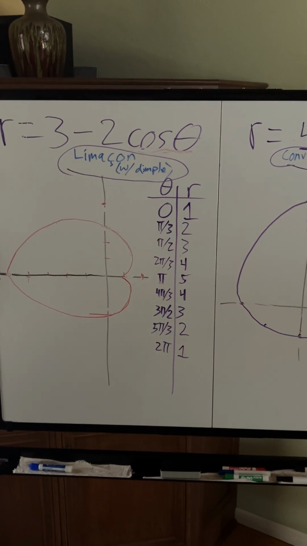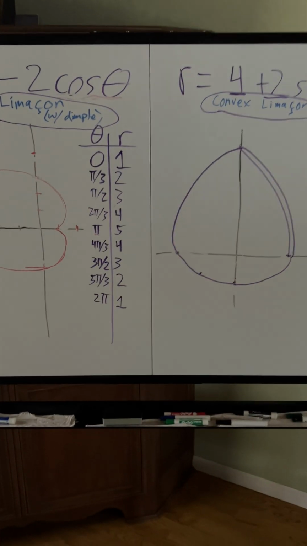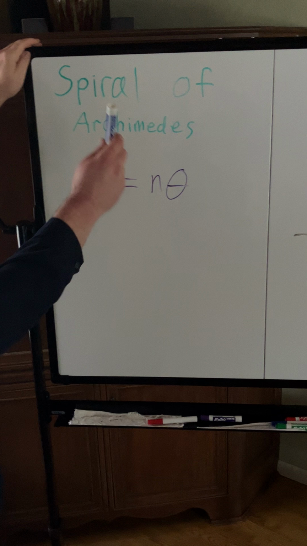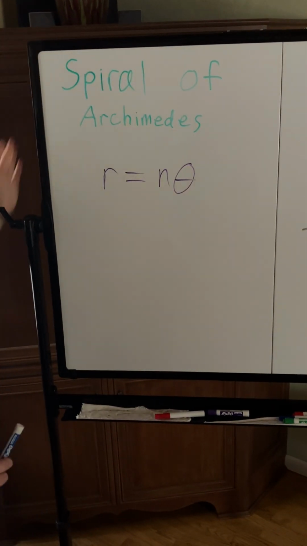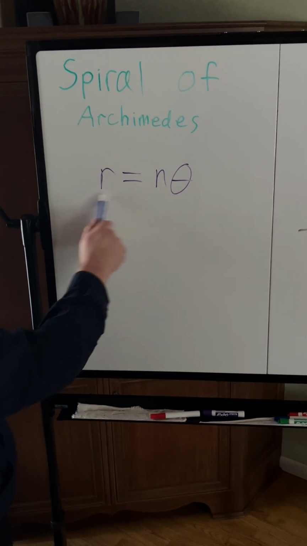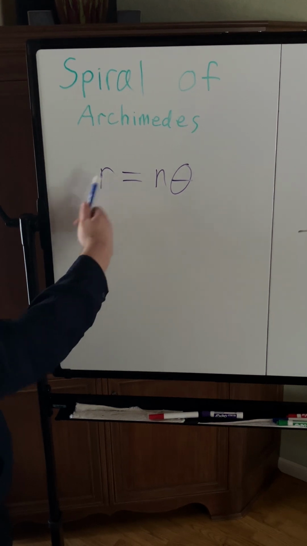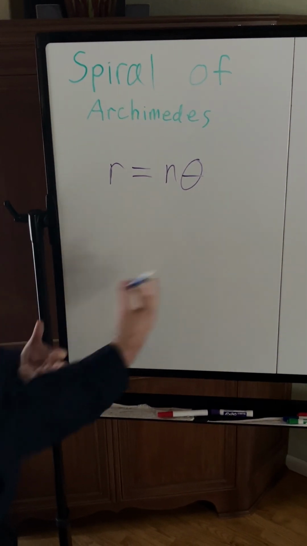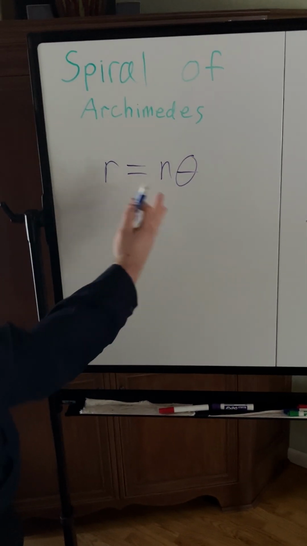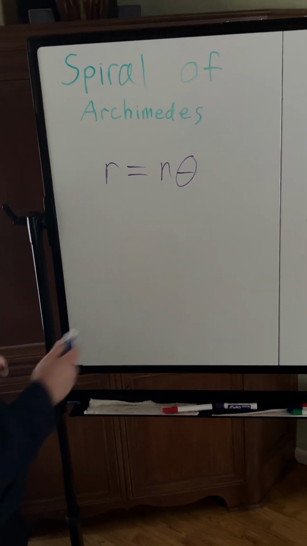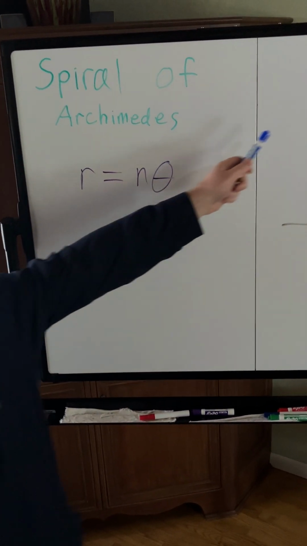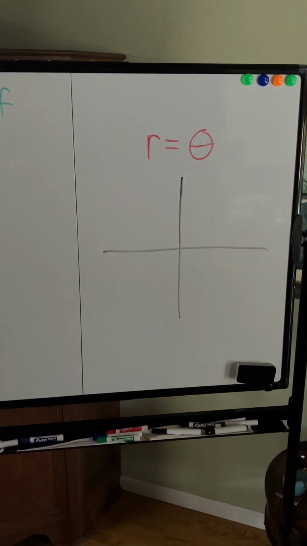There's only one type of graph we have left. All right, last we have what's known as the spiral of Archimedes. That's any graph in the format of r equals something theta, like r equals theta or 2 theta or 3 theta. So let's look at the graph of r equals theta.